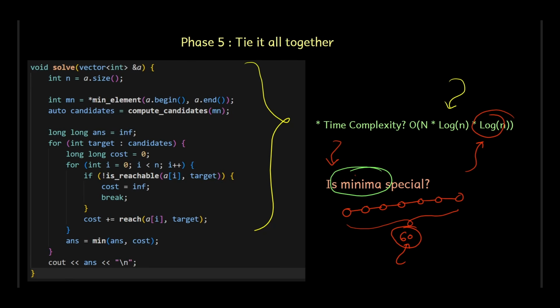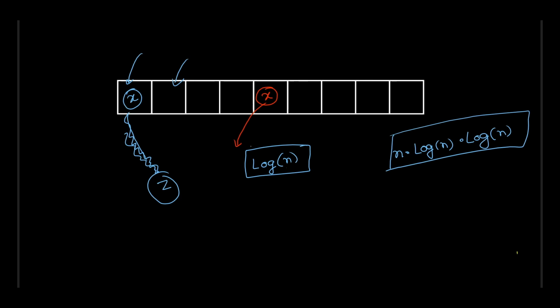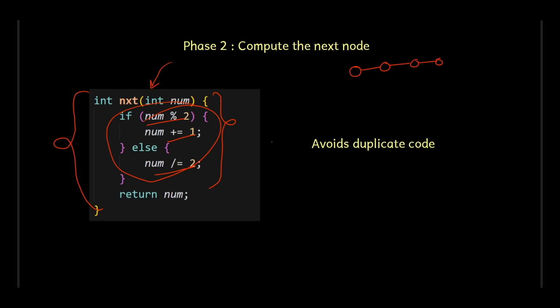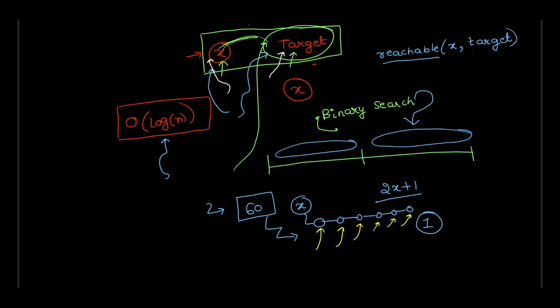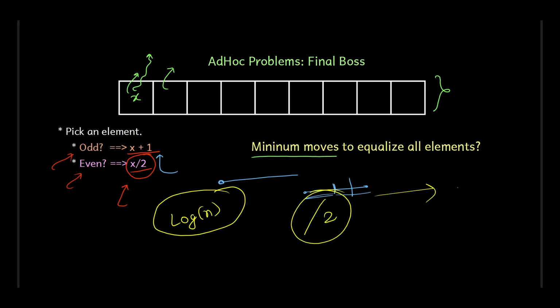But the main learning I think that you could have from this video is that sometimes you need to focus on the minima, the maxima, and how the sequence of operations changes the size of your set. If you are multiplying by 2, then in just log n steps your set size will explode. If you are dividing by 2, in just log n steps you will eventually reach a very small number. So these are the learnings that you can apply to future problems as well.